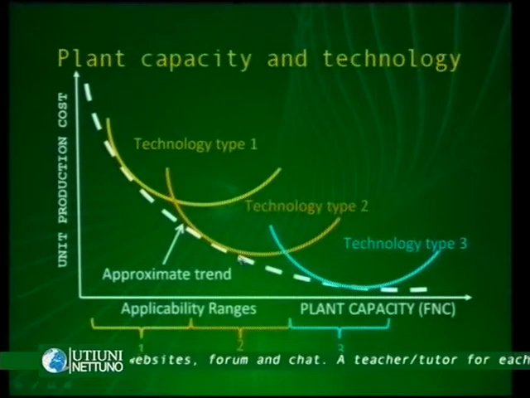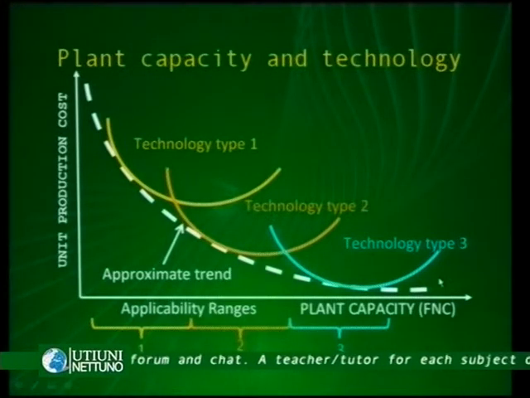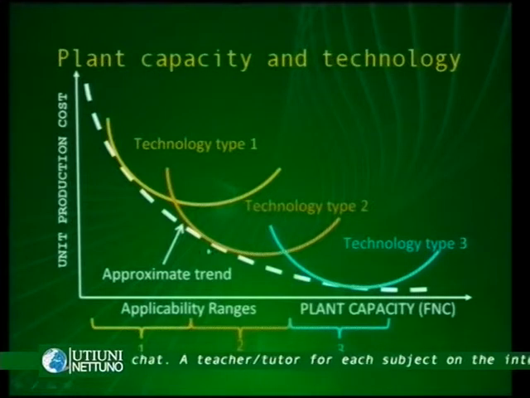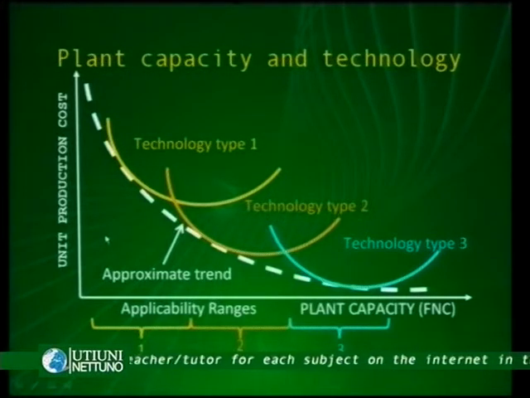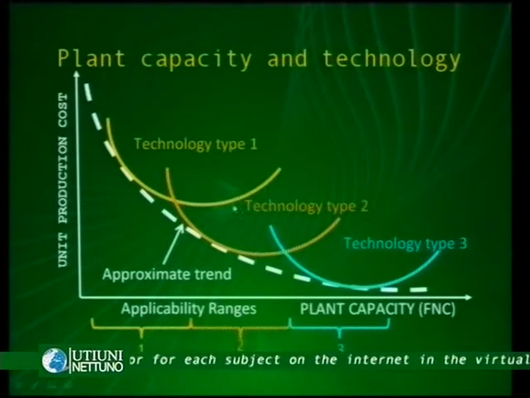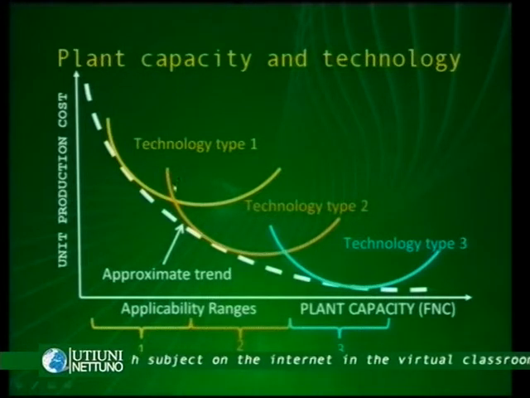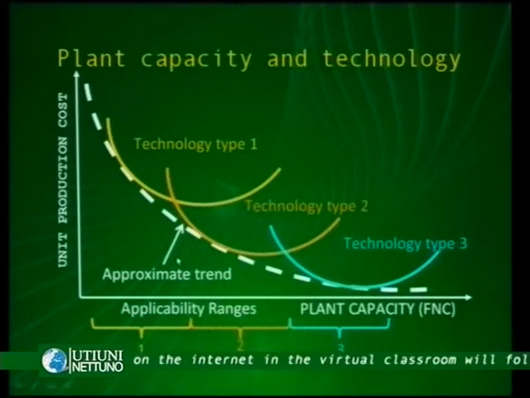The dotted line here is instead the envelope of the UPC local curves. So it's the envelope of these technology-specific curves.